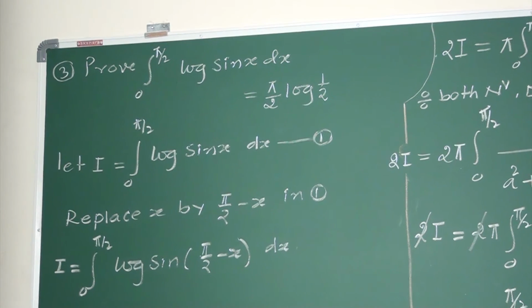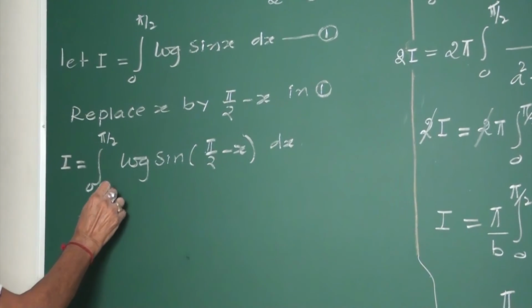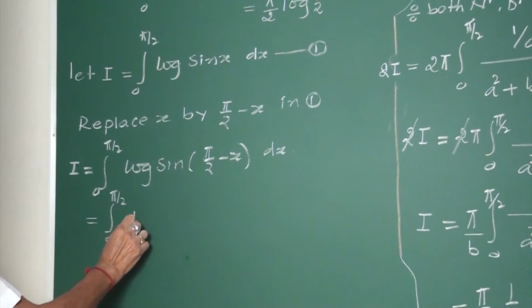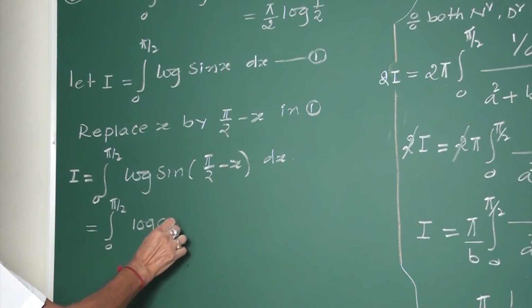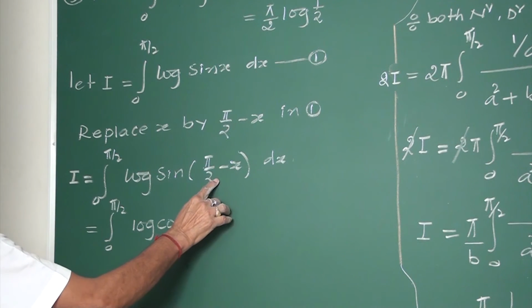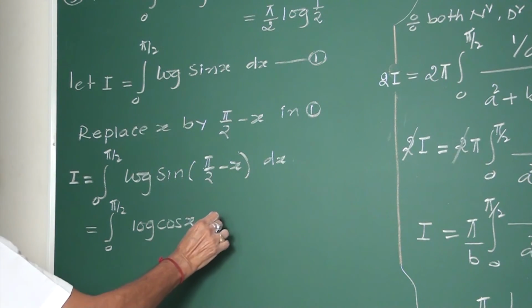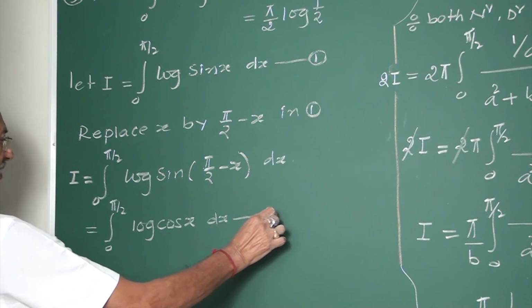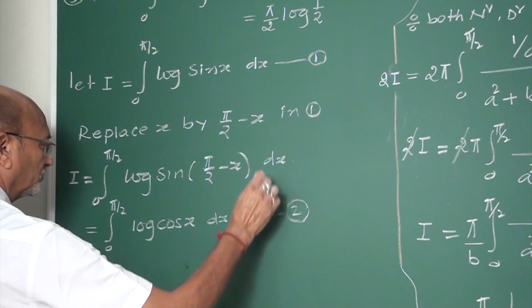Pi by 2 means sine changes to cos. Sine changes to cos x. First quadrant sine is positive. This is dx. My friend, you call this as 2.